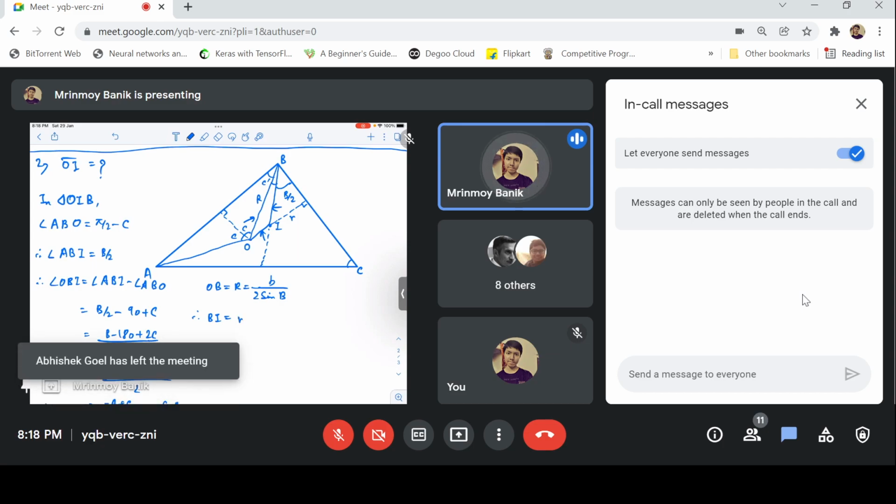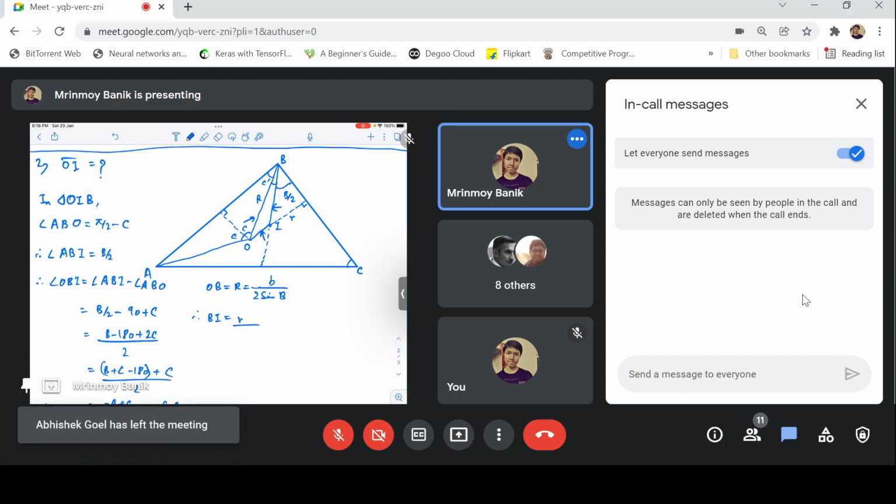So this is r by sine B by 2. And r can be replaced with 4R sine A by 2 sine B by 2 sine C by 2.